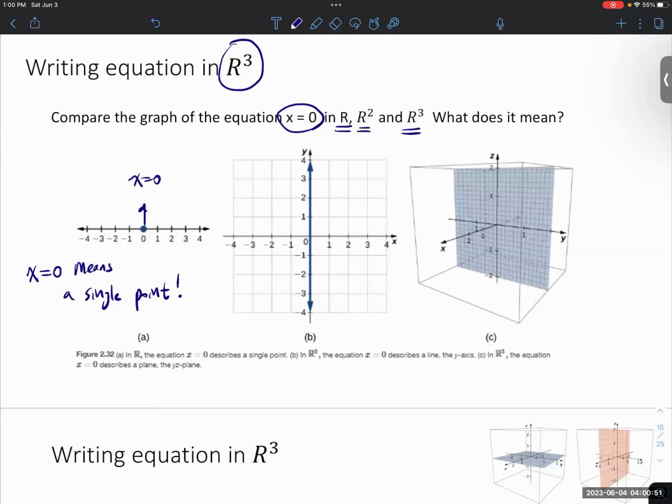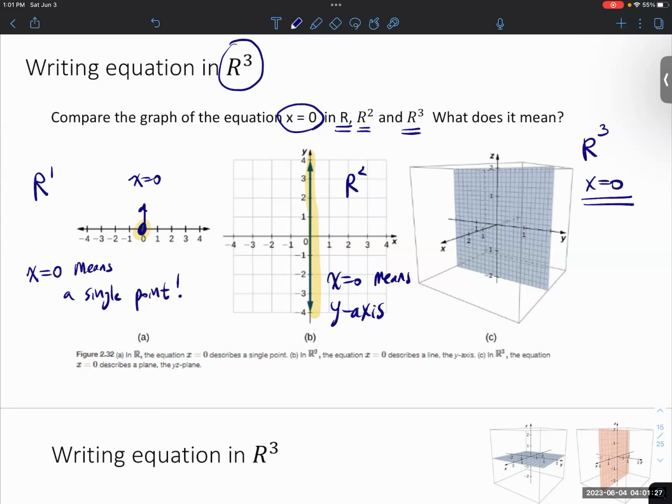In the second dimension, two-dimensional space, what does x equal to 0 mean? This is R1, R2. It means a vertical line, the y-axis. Am I correct? This is your vertical line, x equal to 0, passing through x equal to 0. What does x equal to 0 mean in three-dimensional space? Anybody?